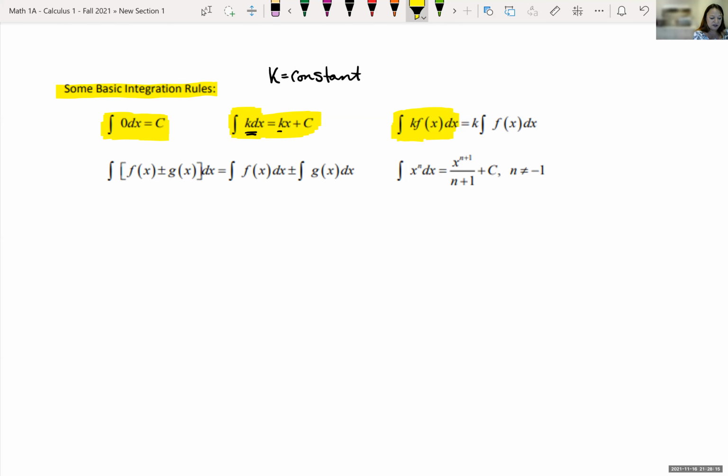If we have the antiderivative of k times f of x dx, then we can pull that constant in front before we take the antiderivative, and then take the antiderivative of f of x. So this is the same thing as k times, if I'm taking the antiderivative of little f of x, I would denote it with a capital F of x plus some c.